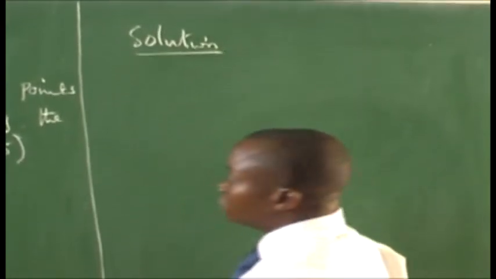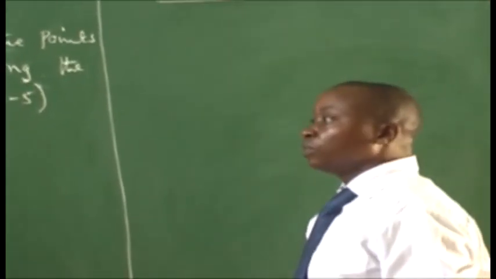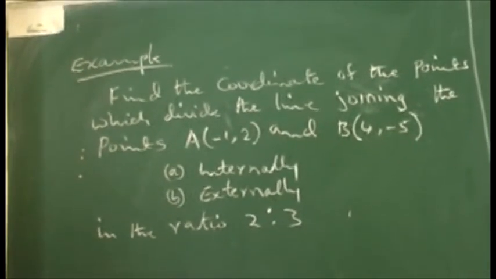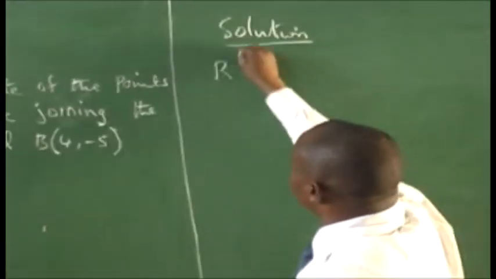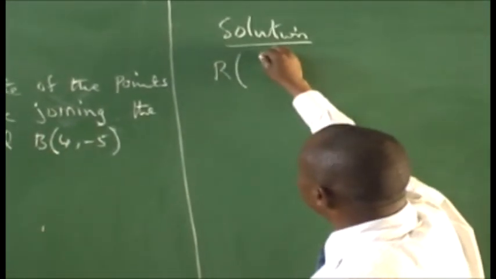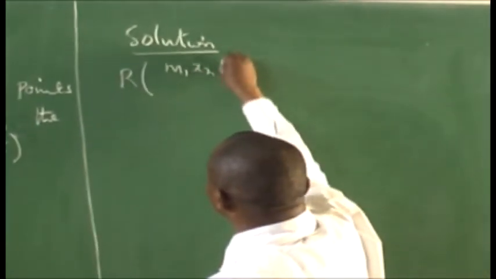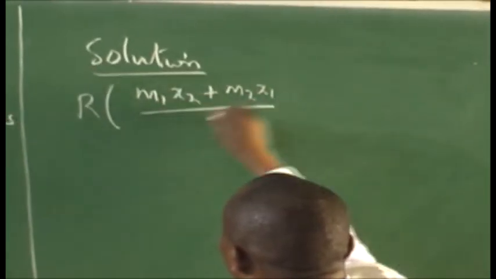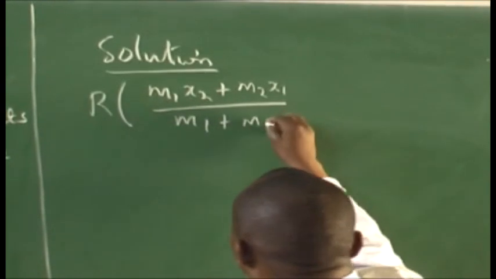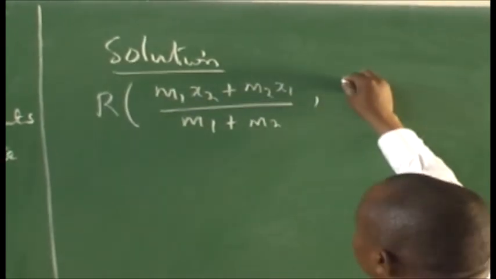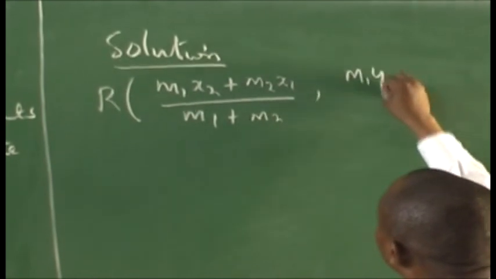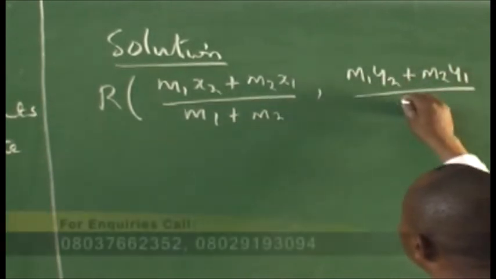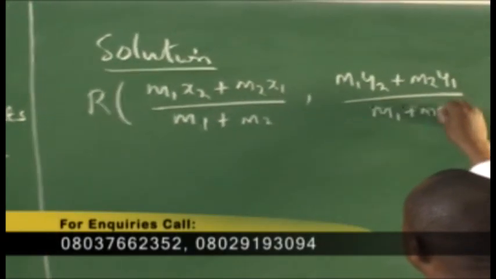Let's look at internal division. And we know if R is the point, then the coordinate of R is given by M1 X2 plus M2 X1 all over M1 plus M2, and then we have M1 Y2 plus M2 Y1 all over M1 plus M2.